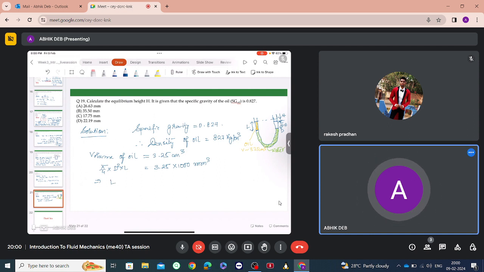Therefore L is 3250 into 4 by pi into d square, where d is given as 6.35 square. So what is this value?